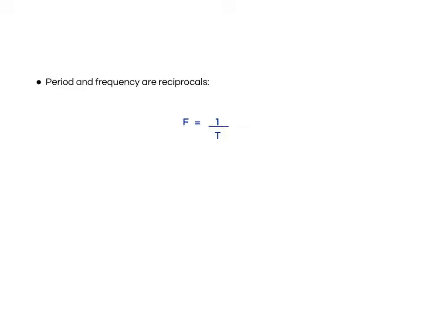Writing a reciprocal relationship involves saying, okay, well, one is equal to the other one, but flipped, right? So another way to write this would be that frequency is equal to the period to the power of -1.